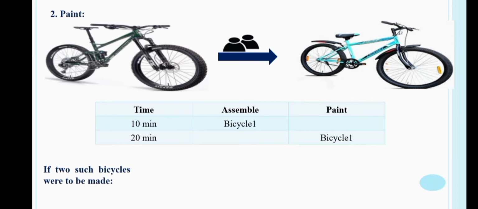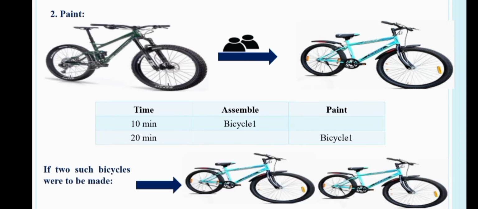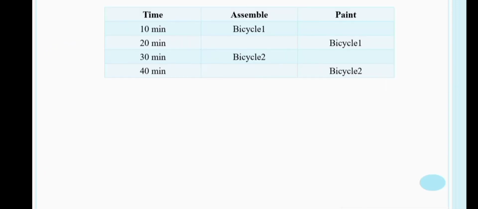If two bicycles were to be made, it would take 40 minutes to complete two bicycles.